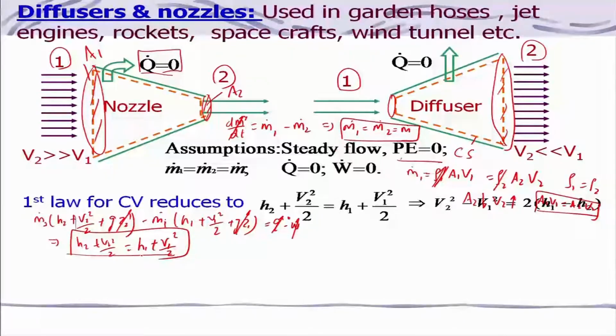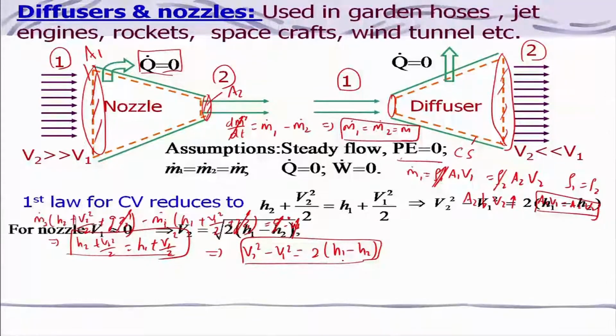So we can write V2 square minus V1 square is equal to 2 times (H1 minus H2). If V1 is very, very small, approximately 0, then V2 is equal to root over 2 (H1 minus H2).